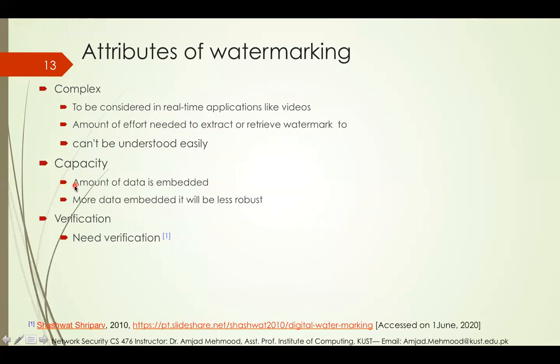And capacity: the amount of data embedded. The more data embedded, the less robust it will be. If you insert more data as a watermark into the original image, this can get the attention of your malicious user that there is something in this image, and then he will try to apply different mechanisms on it to get the watermark information inside it.